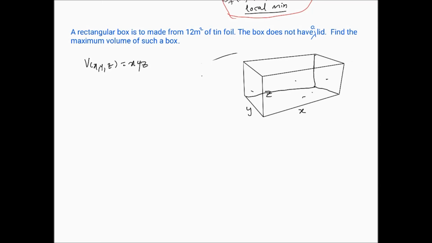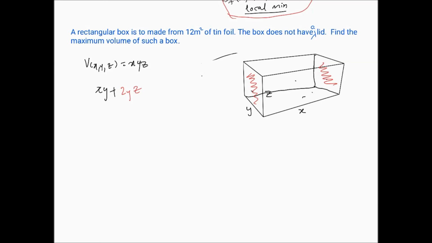So that means the bottom side, you'll have one of those, so there's xy. Plus you've got 2 of these sides, this side and this side, and its dimension is yz. So we'll say plus 2yz.